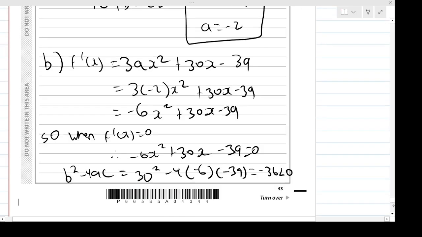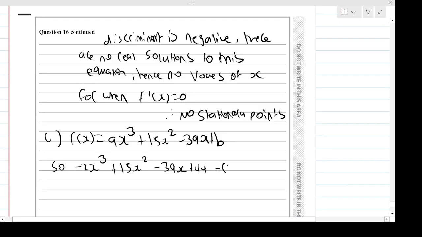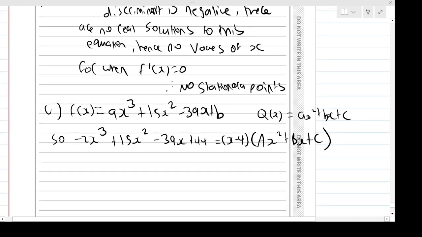But I'm told that q of x is a quadratic, so it's going to be a general quadratic Ax squared plus Bx plus C. I'm going to use capital A because I don't want to get confused with the little a and b I've used so far. So at that point, I just need to find the values A, B and C.